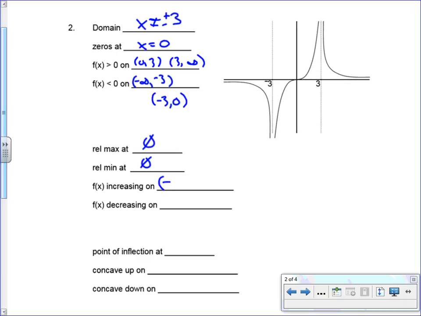So it starts out decreasing until it gets to -3. And then on the other side of -3, it increases. -3 until where? Right there, it's flat.